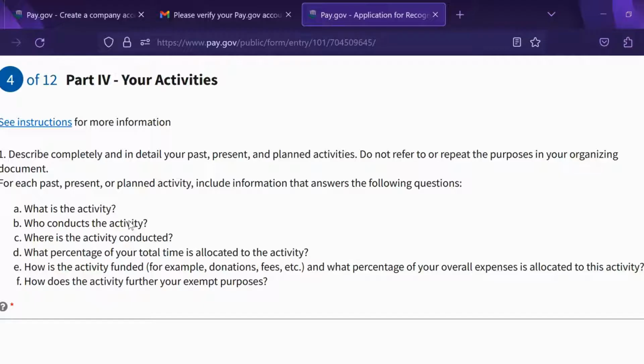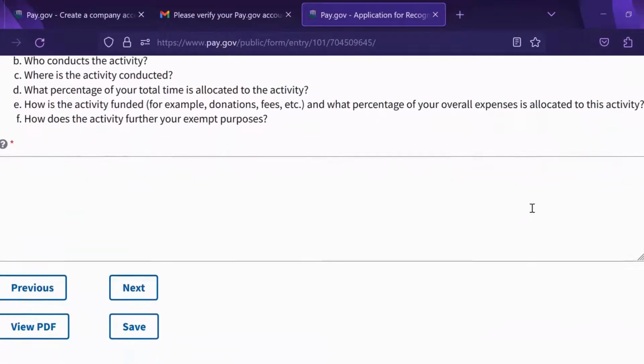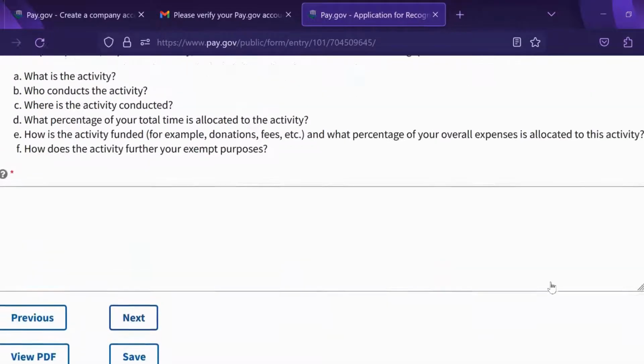Who conducts the activity? Where is the activity conducted? What percentage of your total time is allocated to the activity? How is the activity funded, for example, donations, fees, etc., and what percentage of your overall expense is allocated to this activity? And how does the activity further your exempt purpose?